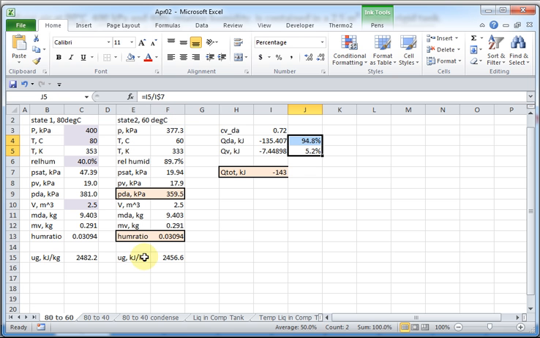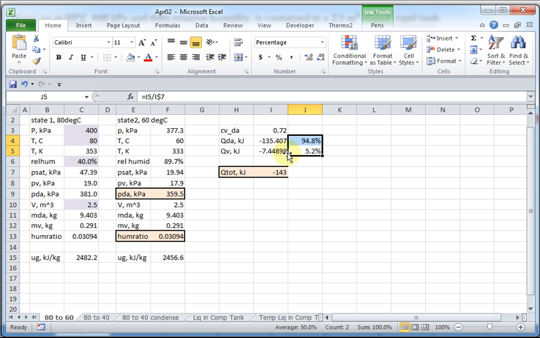And you can look up the values of u_g and u_f at the different temperatures. Use specific heat for the dry air. Calculate how much it takes to cool the dry air, how much it takes to cool the water vapor. Because there's so much less water vapor, it's a lower amount, and it's 143 kilojoules that needs to be removed as heat transfer. 95% of that is to cool the dry air, and about 5% of it's to cool the moisture.